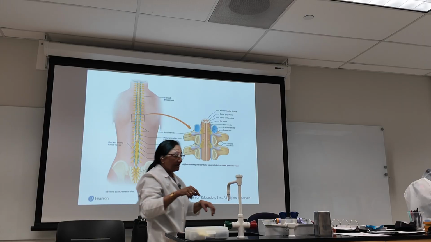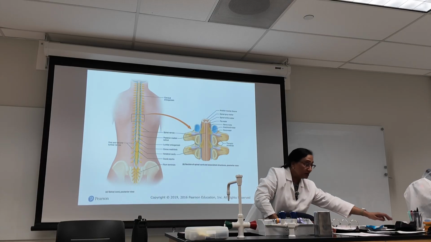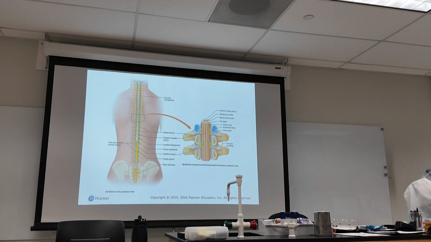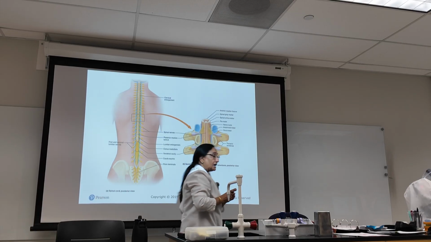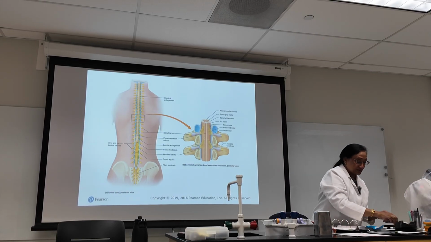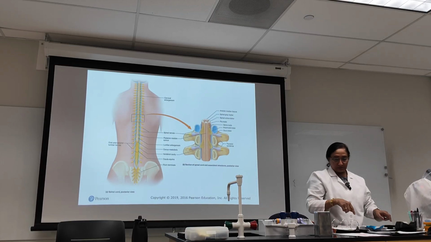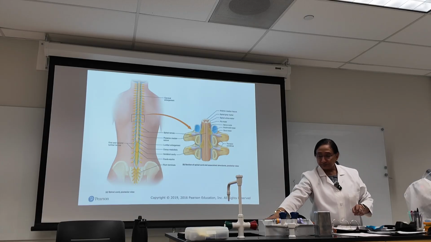And this I have already mentioned to you before. There are 8 pairs of cervical nerves. Cervical nerves, you have 8 pairs. This you must know. Thoracic, you have 12 pairs. Let me write it on this side.